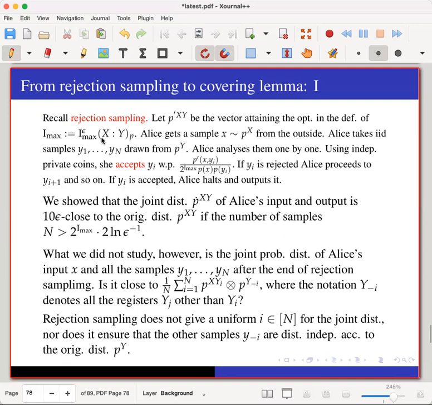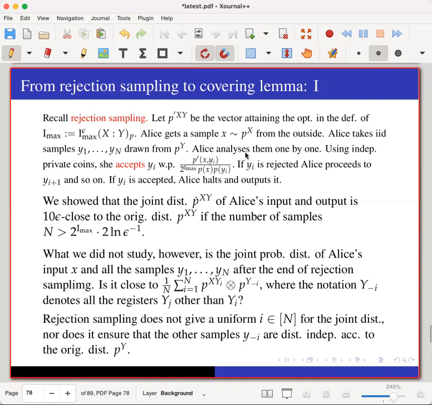Remember, we wanted to compress down to Imax epsilon with respect to the original distribution P. So let P prime be the subdistribution attaining the optimum in the smoothing operation. Remember, Alice got a sample X from the original distribution Px, and then the coin was IID samples Y1 to Yn drawn from the marginal Py, the good old Py.